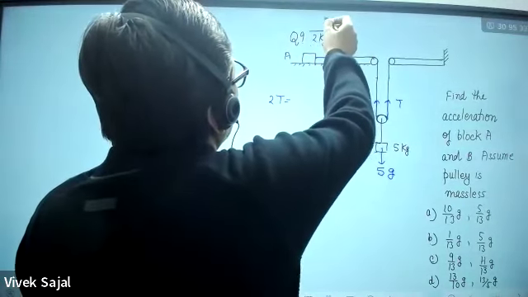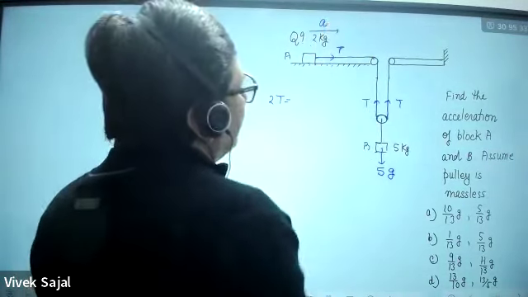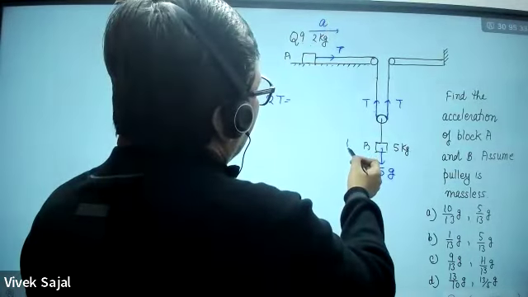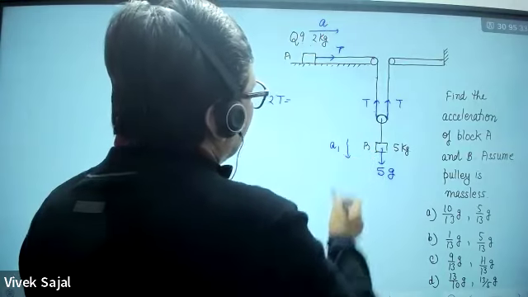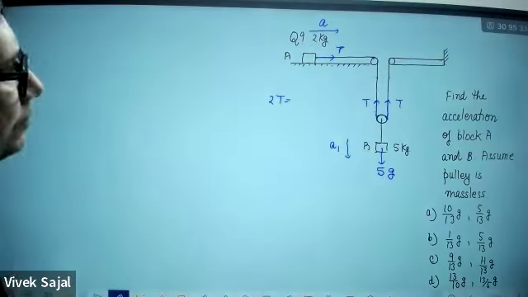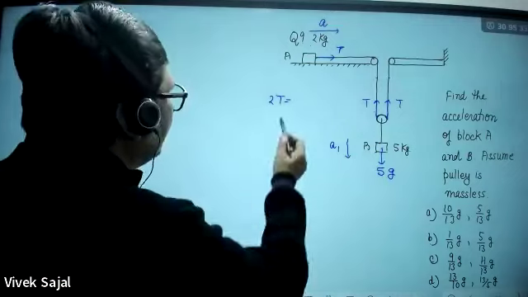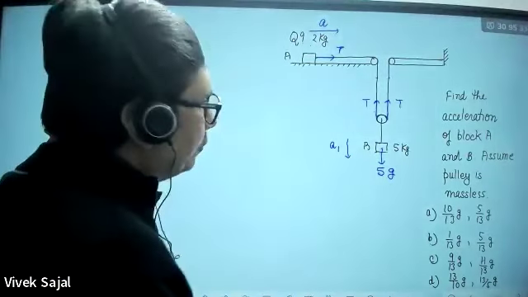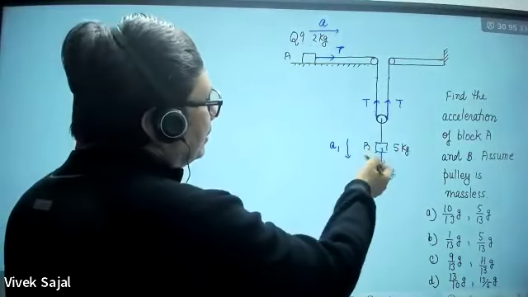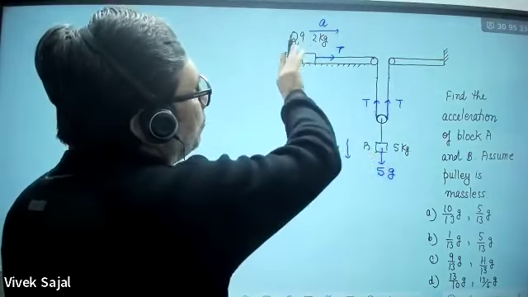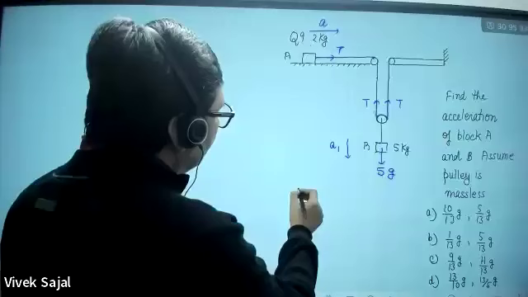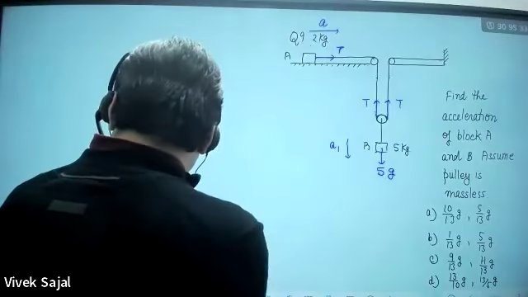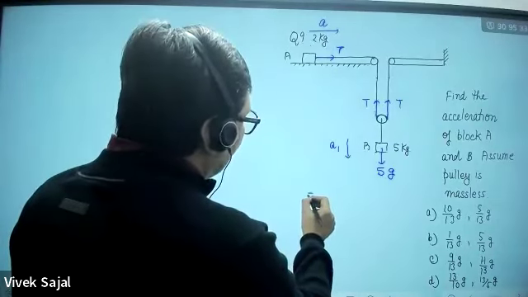Suppose this is moving in this direction with acceleration A. I'm assuming this as A1. I will write this equation. Try to understand: if this block is moving in this direction, then B is going to move in the downward direction. So this will be 5g.